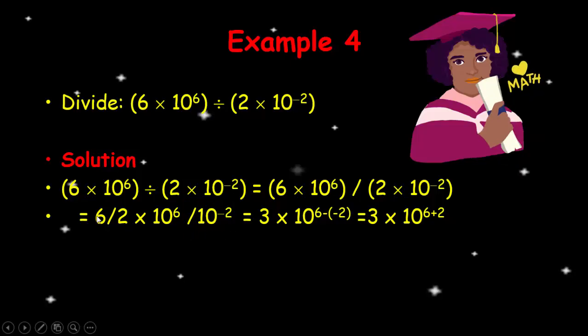Since 2 goes into 6 3 times, and then times 10 to the 6th, and because this is division, the exponent is 6 minus negative 2, which is 6 plus 2, since a minus times a minus is a positive. And that means our final answer here is 3 times 10 to the 8th.